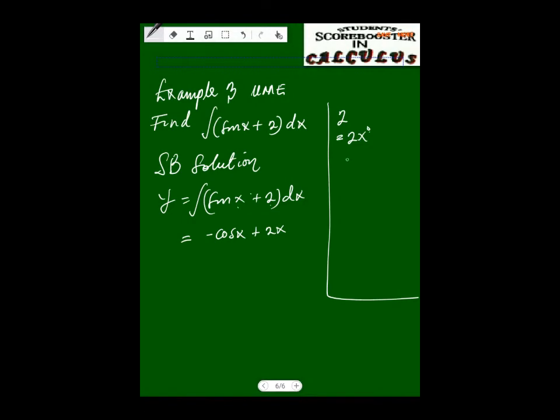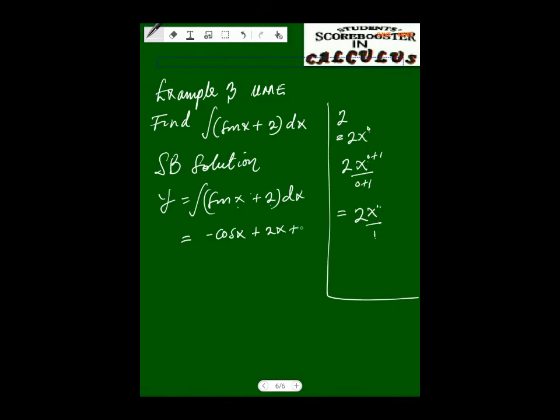And if I integrate this one, it's going to be 2x raised to 0 plus 1 over 0 plus 1. At the end, I'm going to have 2 times x, 0 plus 1 is 1, over 1. No need to write this one. This one and this one, no need to write it. That's why I have this one.